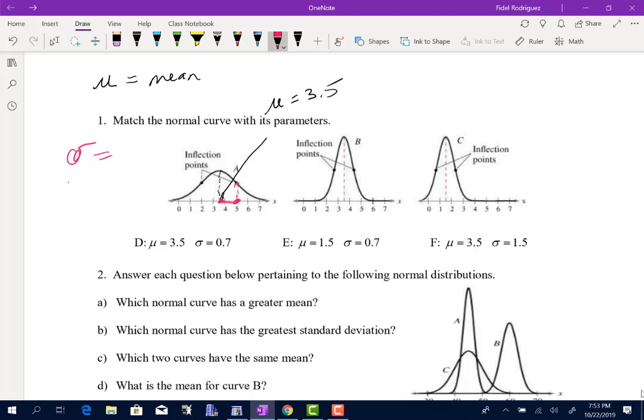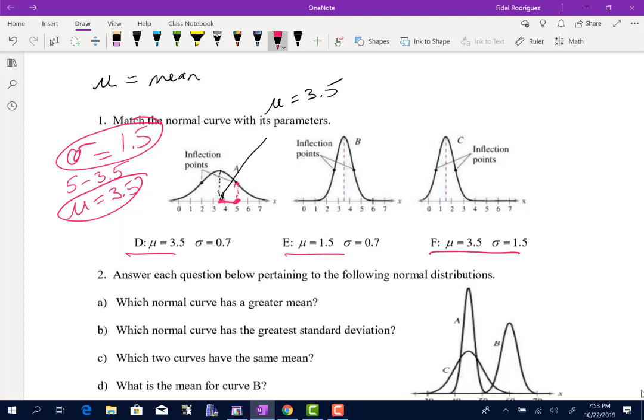So we're going to say, let's take 5 and let's subtract off the mean. So what's 5 minus 3.5? 1.5, right? Good. So guys, in this case, our sigma is 1.5, and we already said that our mean was 3.5, right? Okay, so I'm going to look here. Look at parts D, E, and F. This graph here would match up with which one?